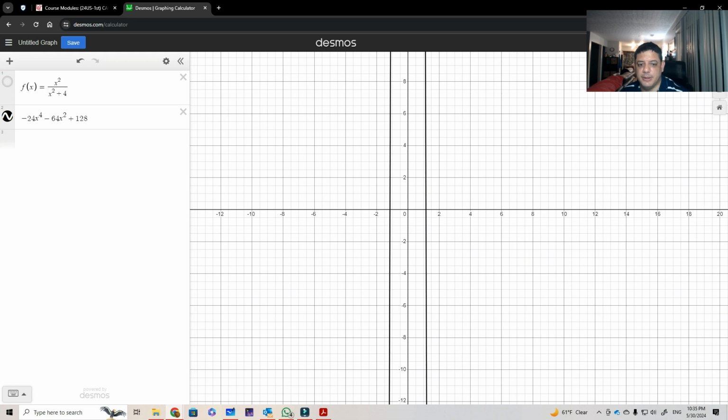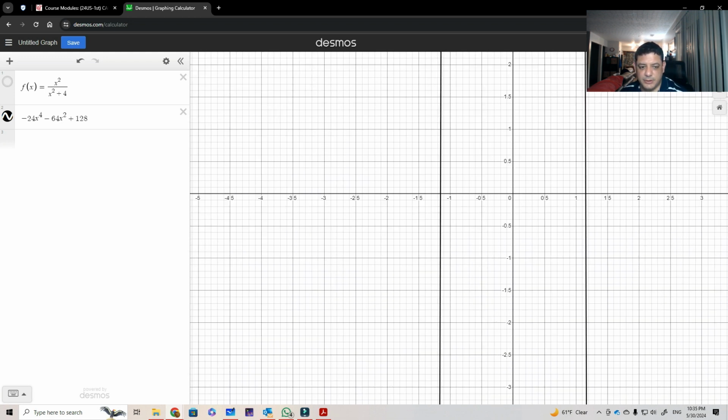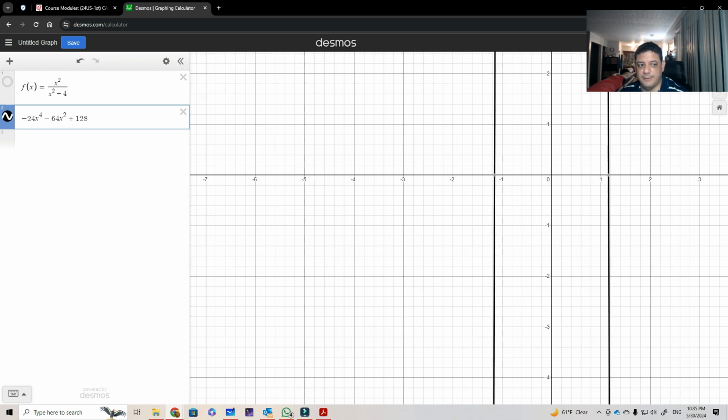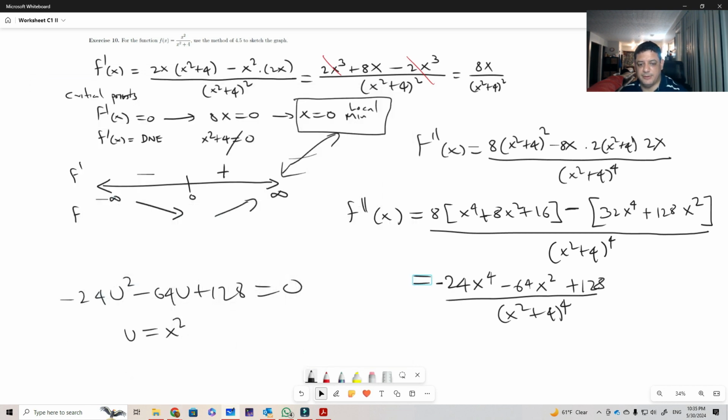If we check the graph of this, you notice that it crosses at these points, minus 1.155 and 1.155. So those are going to be essentially the critical points of this.